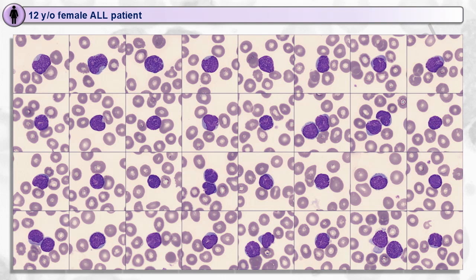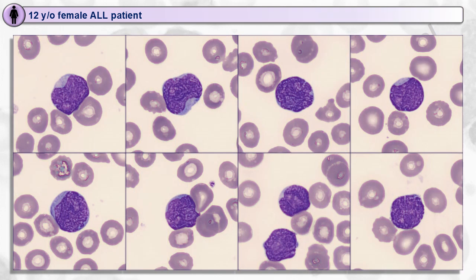Composite image of the patient's peripheral blood smear showing a homogeneous population of small to medium-sized cells with a high nuclear to cytoplasmic ratio. High-power observation of the patient's peripheral blood smear showed blast cells with scanty cytoplasm, fairly regular nuclear shape, fine and homogeneous chromatin and small nucleus.